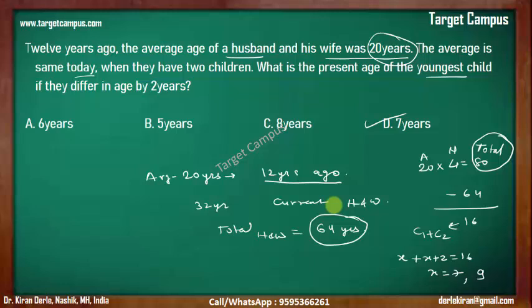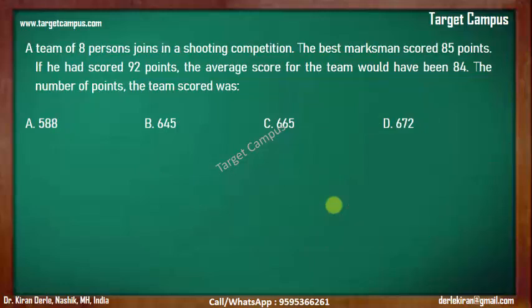Options. Let's move forward. A team of 8 persons joined in a shooting competition. The best marksman scored 85 points. If he had scored 92 points, the average score for the team would have been 84. The number of points the team scored was?